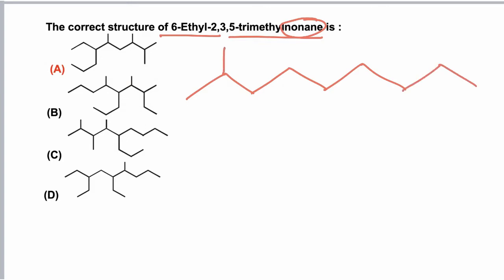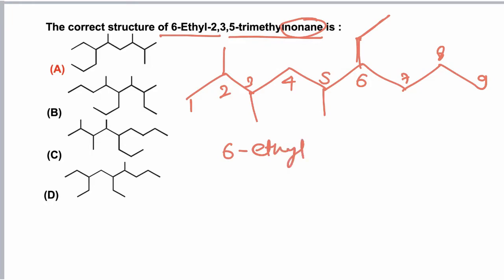The second, third and fifth positions have methyl groups, and the sixth position has an ethyl group, so this is the structure of the molecule. We do numbering from the left-hand side according to the lowest set of locants rule, but for alphabetical reasons we write ethyl first, so 6-ethyl-2,3,5-trimethyl.